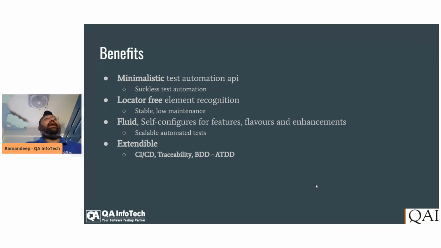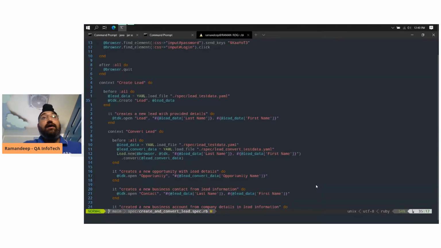But for any custom things that are being done on top of Salesforce by building a custom UI, because this is a minimalistic library, you still have the option of building your own page objects for any of those custom things where you specifically want to test those UI customizations. You still have the option of building the page objects and automation code yourself.